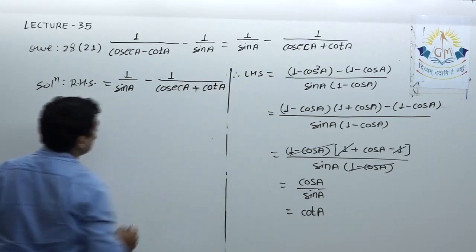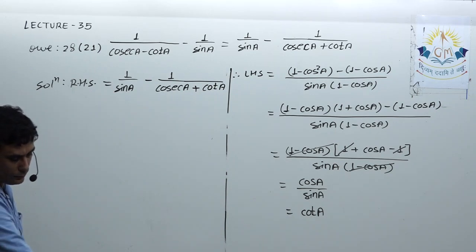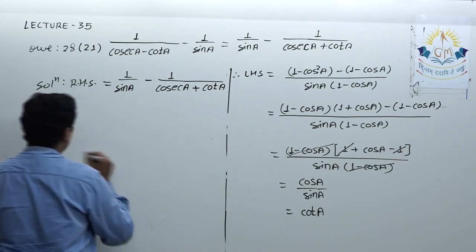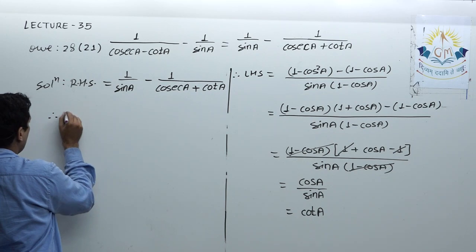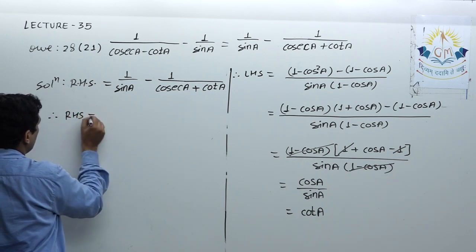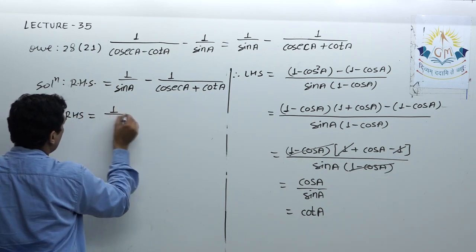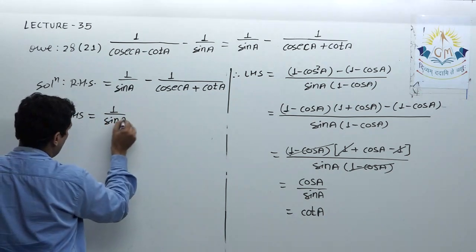There isn't much difference between these two trigonometric ratios or two sides. So therefore RHS is equal to, see here it remains 1 upon sin a.